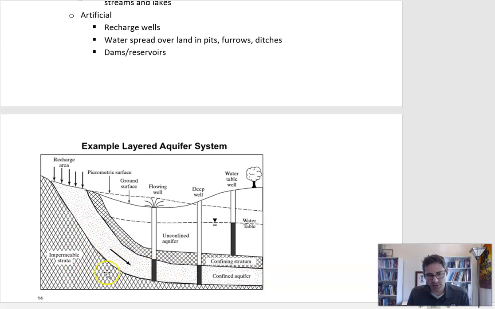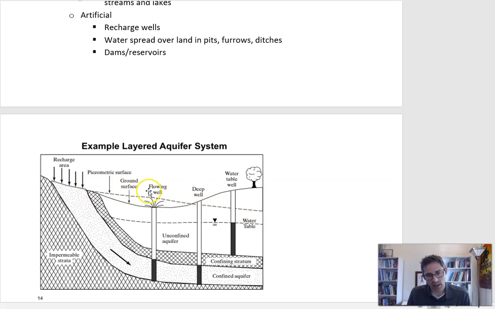That permeable area is between these two impermeable layers. And for that confined aquifer, there's this piezometric or potentiometric surface at the top that represents the head in here, right? It's sort of like an energy grade line that's coming down here.